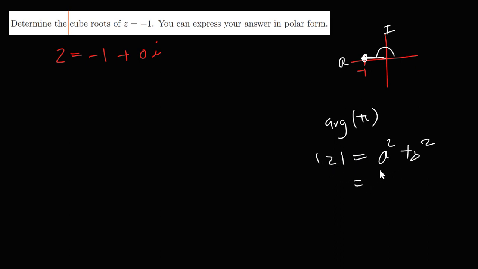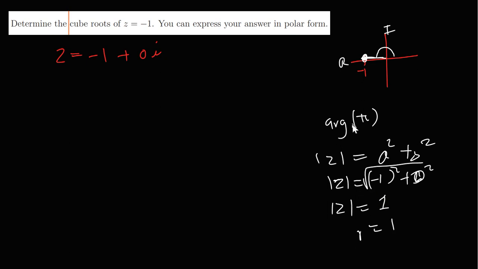So a squared, we know a to be negative 1, we square it, plus b. Do we have b? B is 0, so squared, all under a root. That can give you the modulus of z, and modulus of z is going to give you what? 1, obviously. So we do have r equals 1.